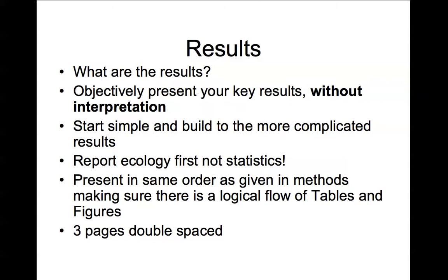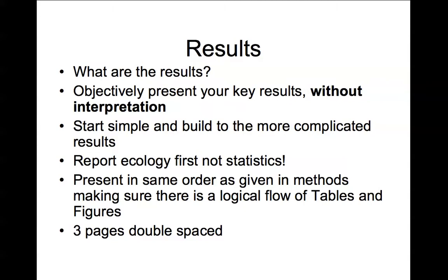In parentheses, the means of the statistics, or highlight a table where I could find it, and then an associated p-value. Don't write there was a significant B, blah, blah, blah. Don't start the sentence with statistics. Start the sentences with ecology.